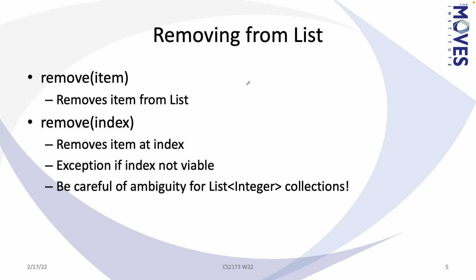Okay, so removing from the list, and this can be a little tricky. We can remove an item, meaning if I have a reference to that item, I can remove that item. Like if it's a string and I have a string that's the same string, I can say remove that string from the list.